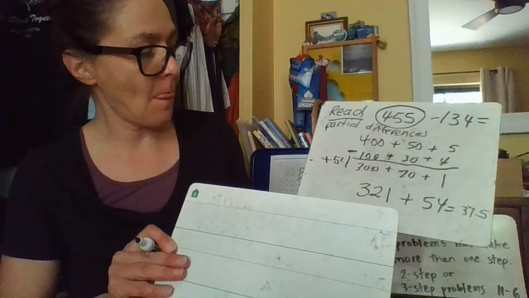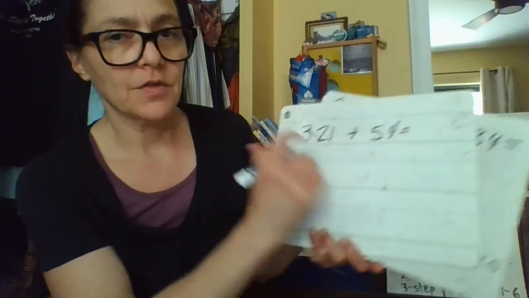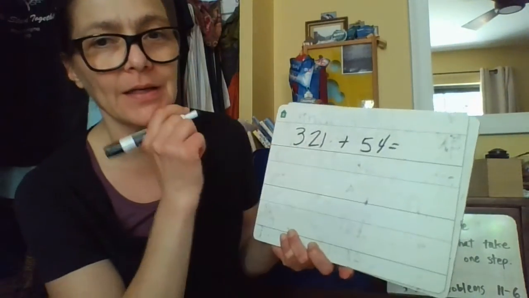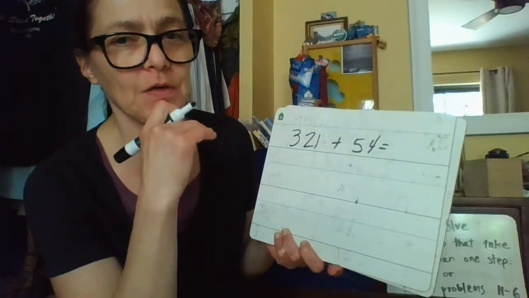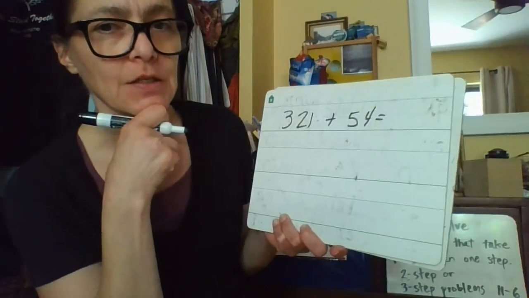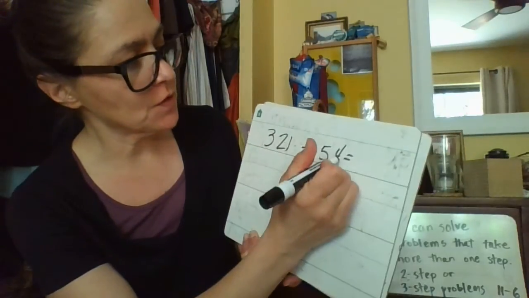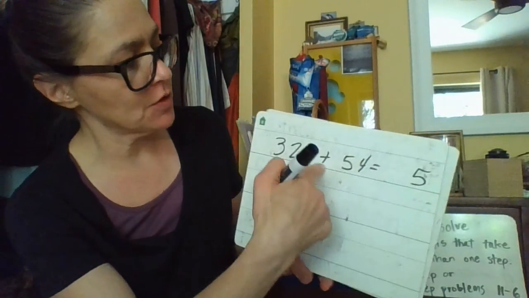321 plus... So I thought about it and I said 1 plus 4 is going to be 5. There's no regrouping. Once you get regrouping into it, that's when you need to put it into your partial sums. So 1 plus 4 is 5, and I make sure to take it over here to the ones place value.